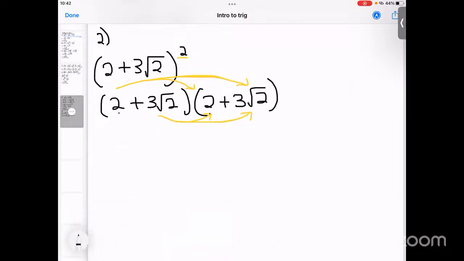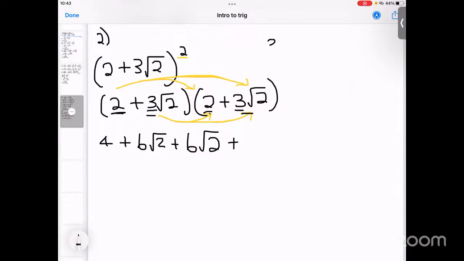Whereby 2 times 2, definitely that is 4. And then 2 times this. It will therefore be plus, it is the 2 that multiplies the coefficient. So that means 2 times that, it will definitely be 6 square root of 2. And this one, it is the 3 that multiplies that 2, and then it becomes 6 square root of 2. And that multiplying with, excuse me, that, then this is where now you are having a completely different story.